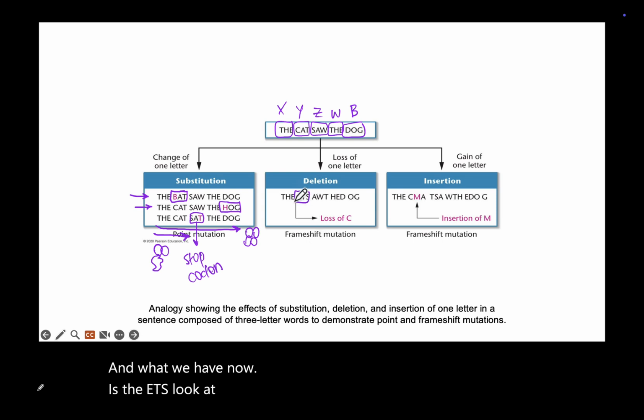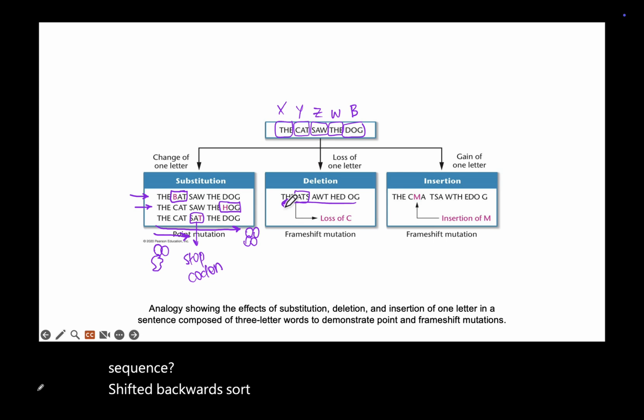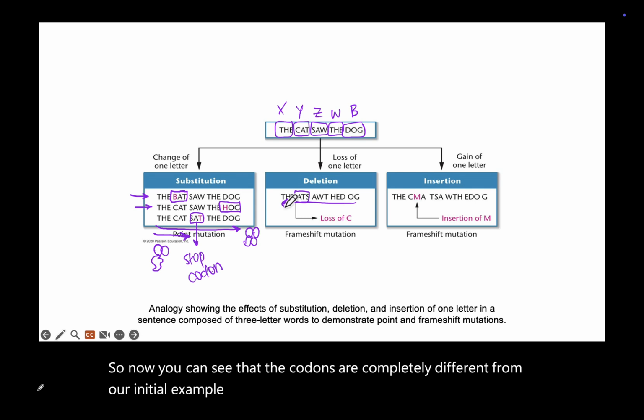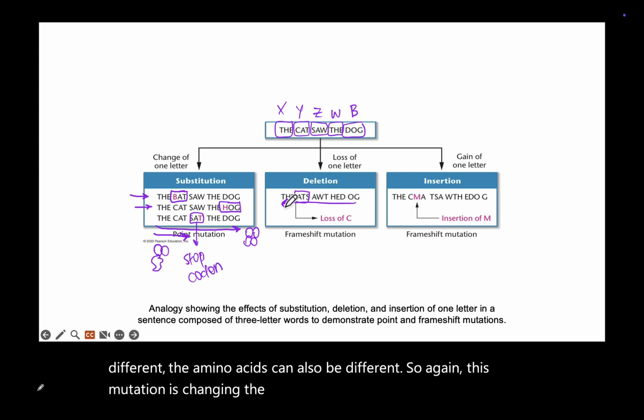Because of the loss of the C, now the sequence shifted backwards, sort of, okay? So now you can see that the codons are completely different from our initial example. Perhaps now that the codons are completely different, the amino acids can also be different. So again, this mutation is changing the final protein.